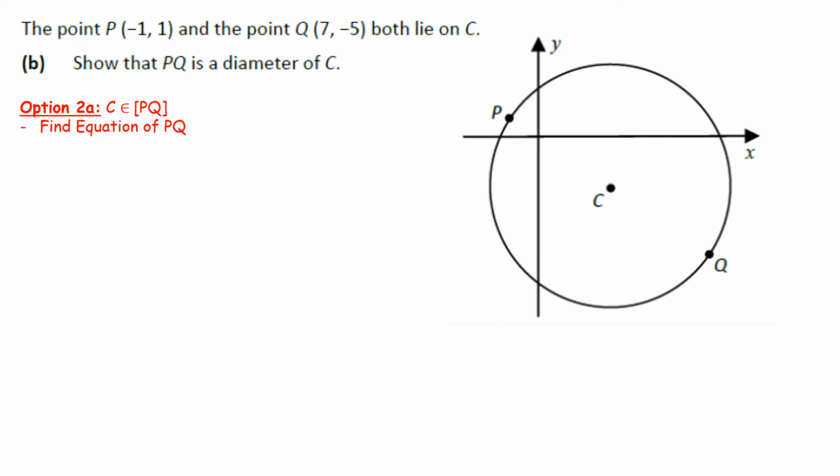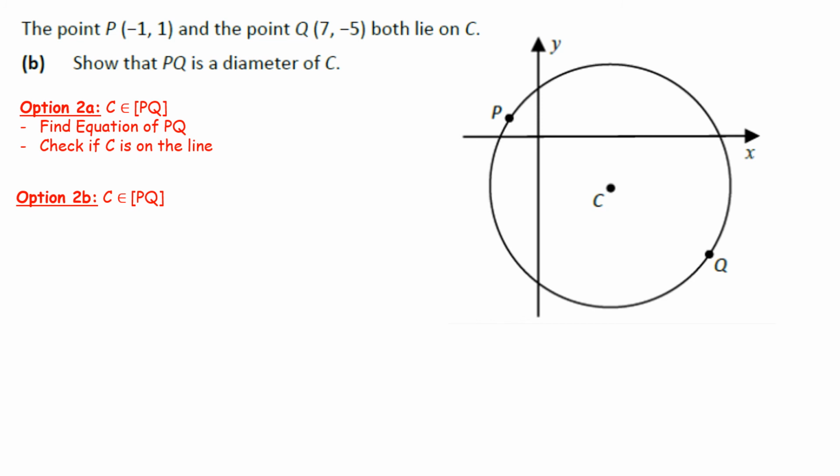So the first, most obvious, is find the equation of PQ. That involves finding the slope and then the equation, and then subbing in C to check if it's on that line. If C, the center, is on that line, then this is a special chord called the diameter.